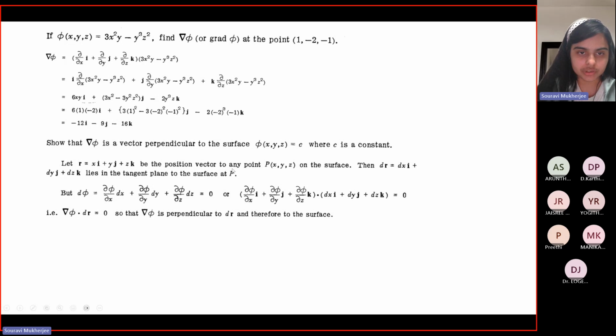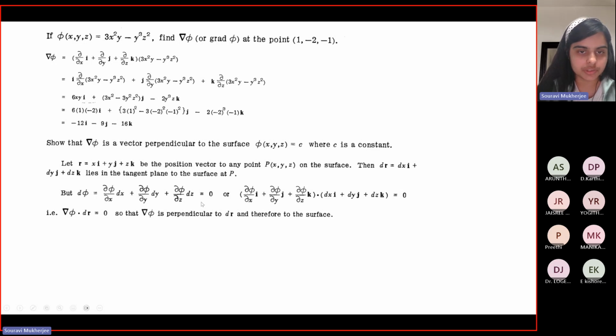So you have taken a point on that surface, and now you know what the definition of d phi will be. Phi is some function of x, y, z, so using partial differentiation, d phi is del phi del x dx plus del phi del y dy plus del phi del z dz. Now consider that d phi is equal to 0, because on the surface phi is constant.